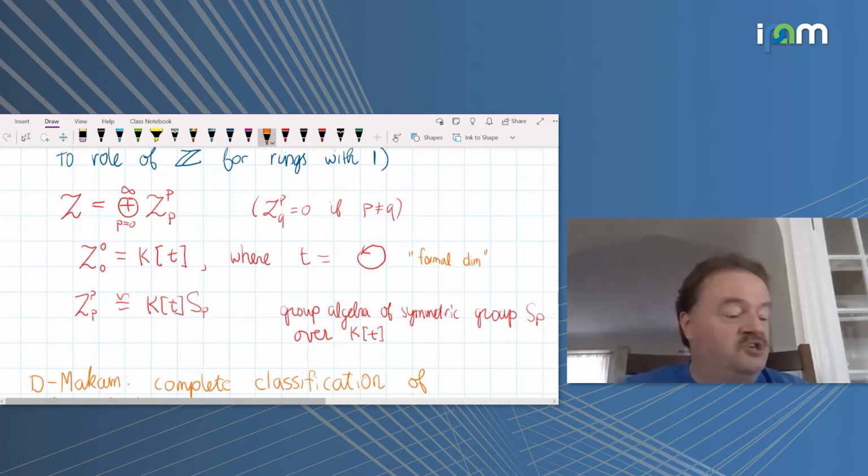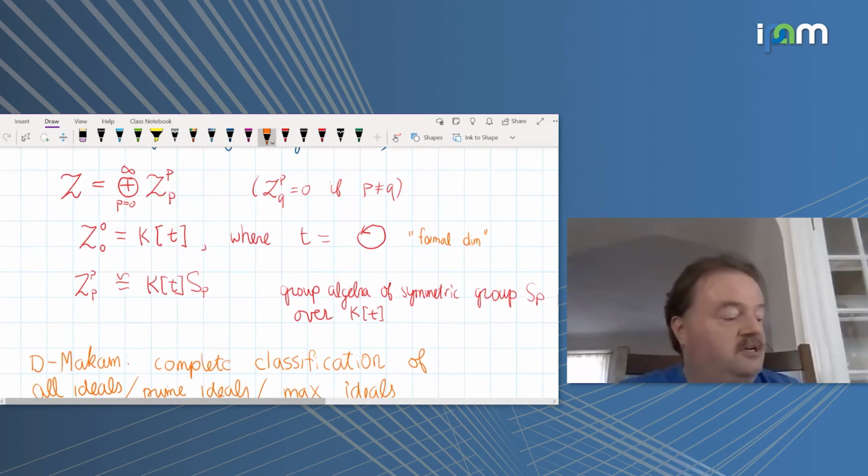But since it is all formal, this loop will not be some number, but just an indeterminate inside Z. And then we can also form all these permutations. So it turns out this initial real prop Z is a bigraded vector space, but it's only non-zero when P is equal to Q. And in that case, it's the group algebra for the symmetric group S_P with coefficients in a polynomial ring in one variable.